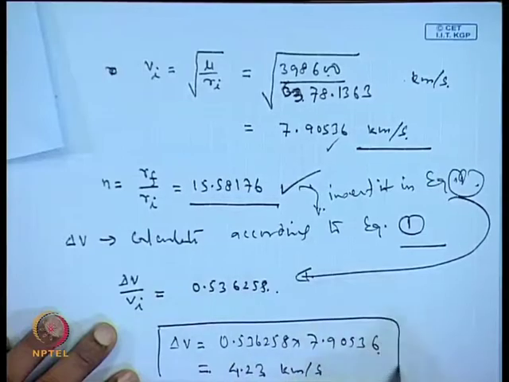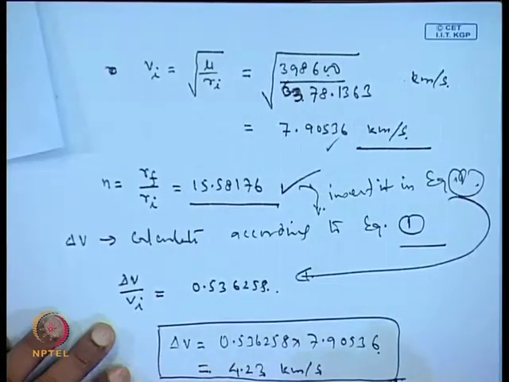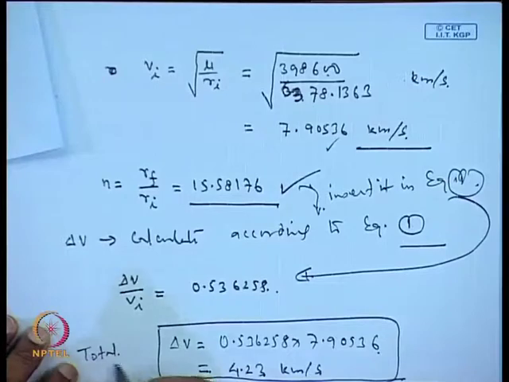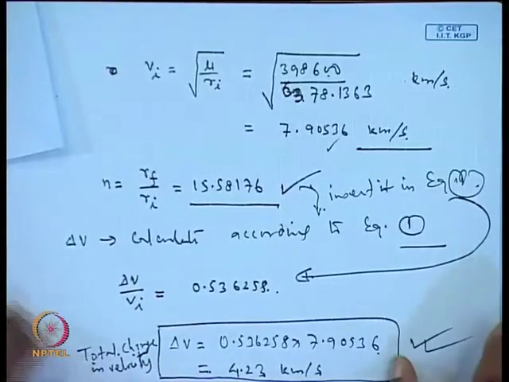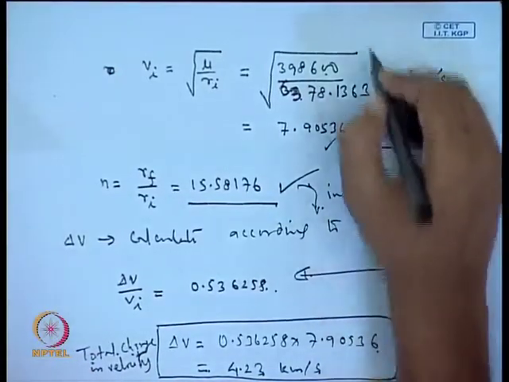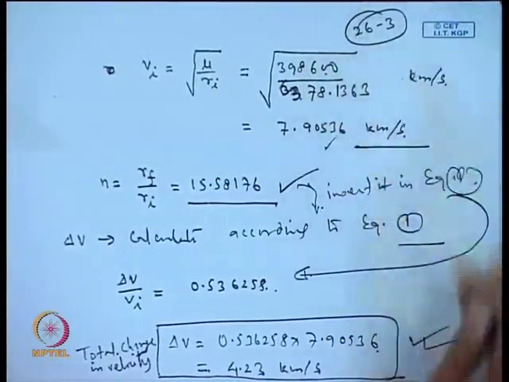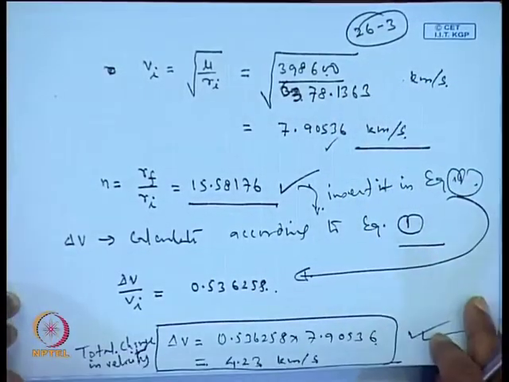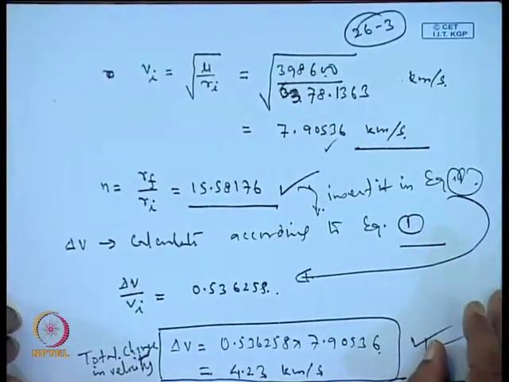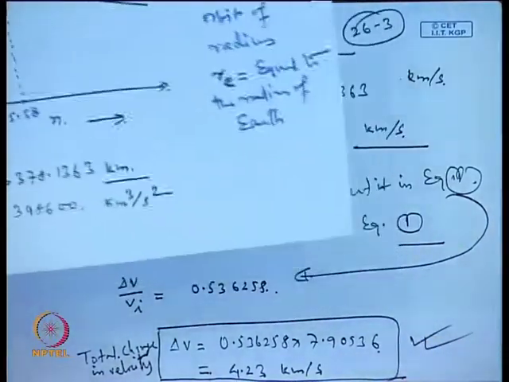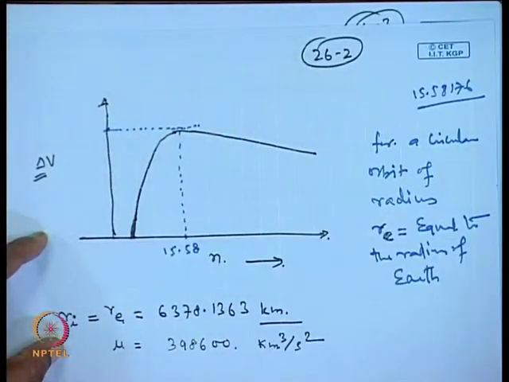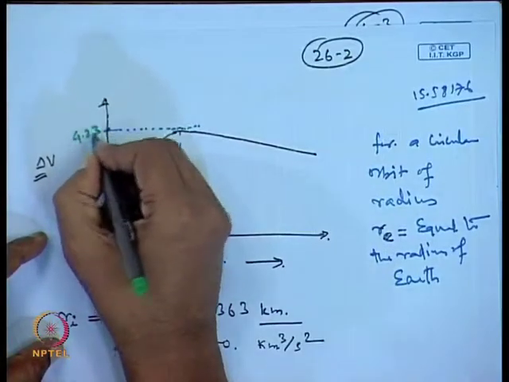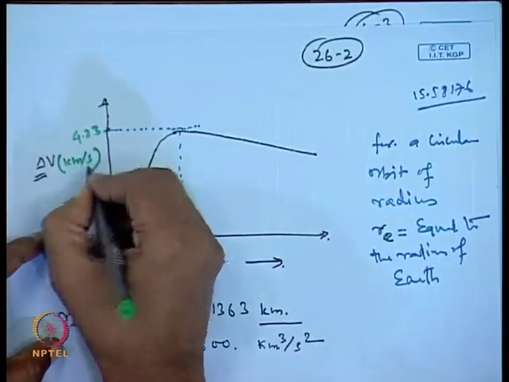So, this is the total change in velocity required, or the total impulse required, and we calculated this earlier and connected it with the amount of propellant that will be consumed. Theoretically we developed that equation. So, corresponding to this value of n it turns out to be 4.23, and this we are plotting in kilometers per second.